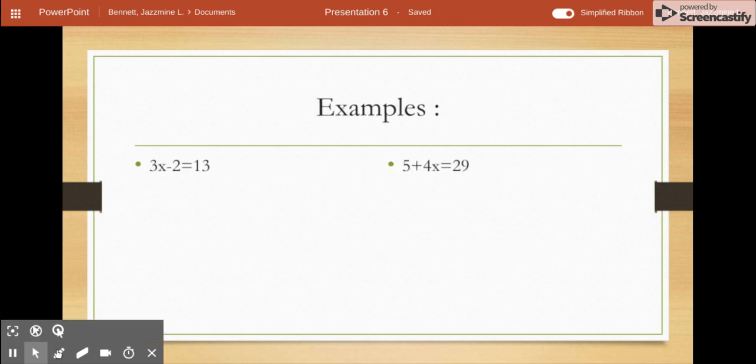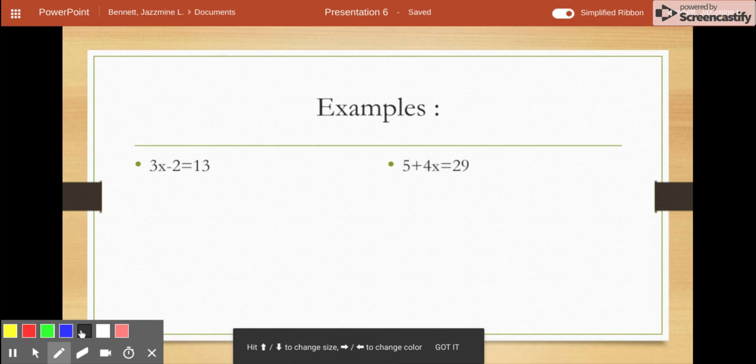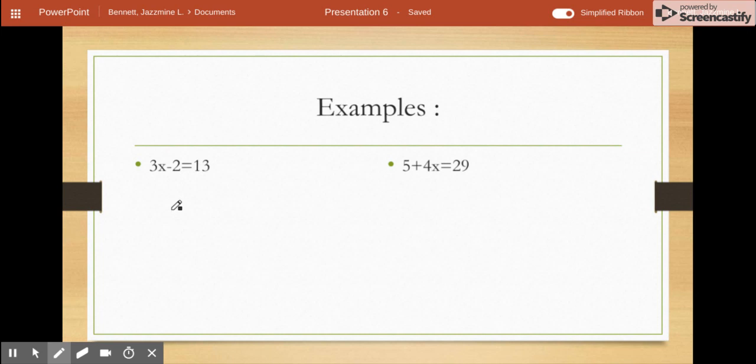So let's get started. The first question we have is 3x minus 2 equals 13. When I said I wanted you to simplify using the inverse of addition or subtraction, I was talking about this number here. You're always going to start off with the number with no variable.